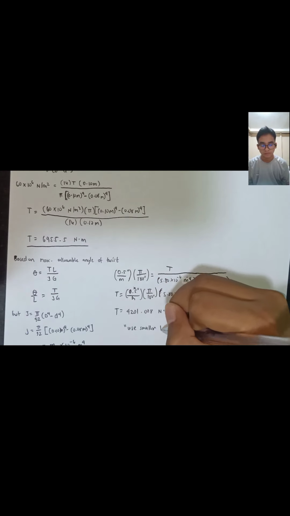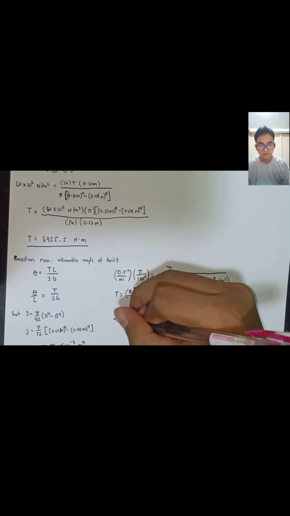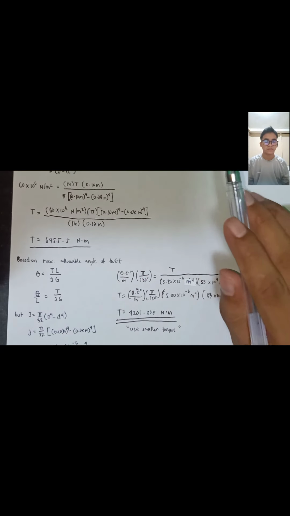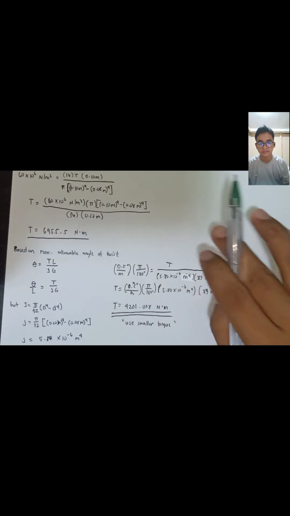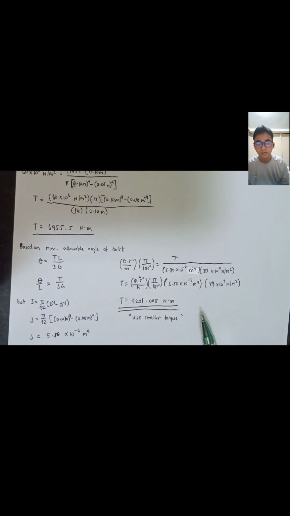Kasi, ang purpose natin dito is to lessen the stress na marireceive ng materials. Kung gagamitin natin dito yung mas mataas na torque, lalampas na siya dun sa maximum allowable stress na nung hollow circular steel shaft natin.